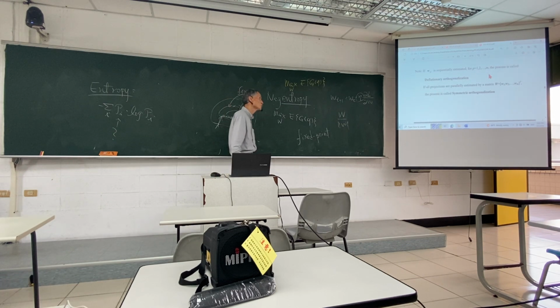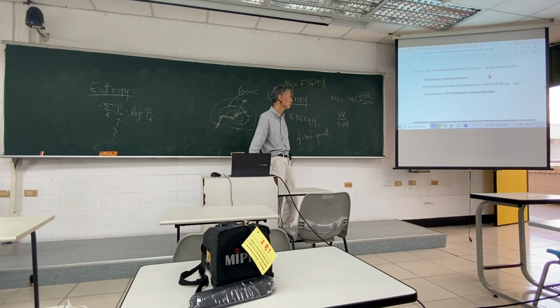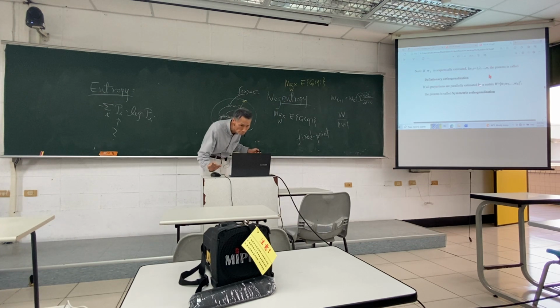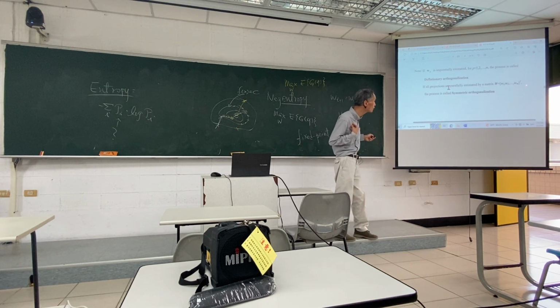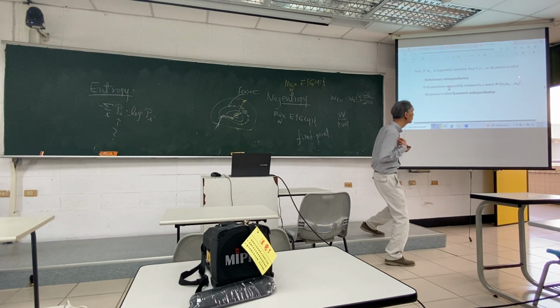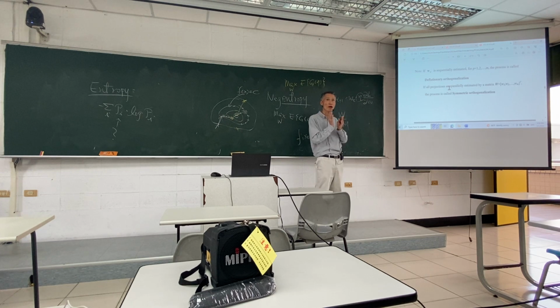One more thing: I'm not quite sure whether scikit-learn provides this function or not. One option is called deflationary orthogonalization, which means for this case we have M projections to estimate.